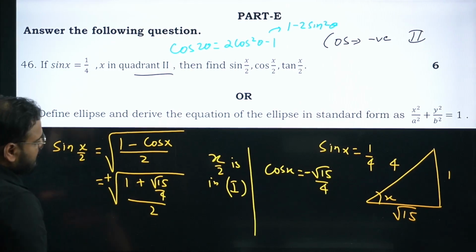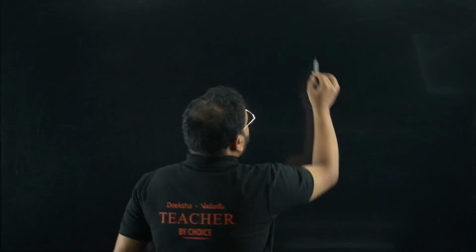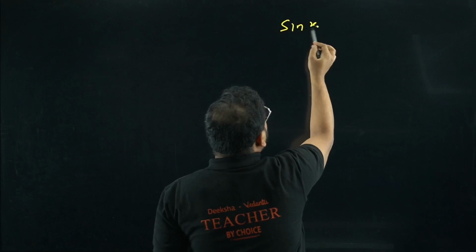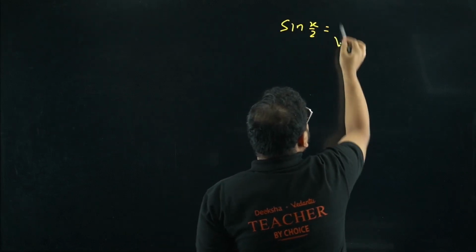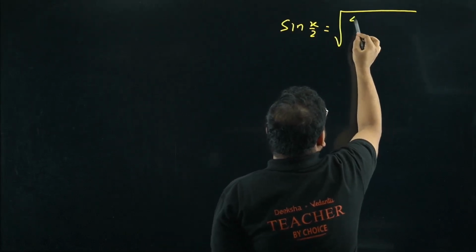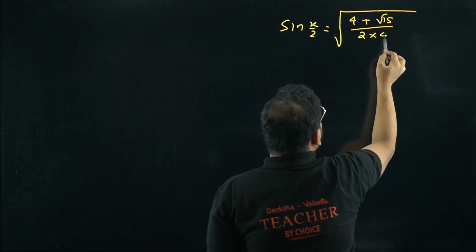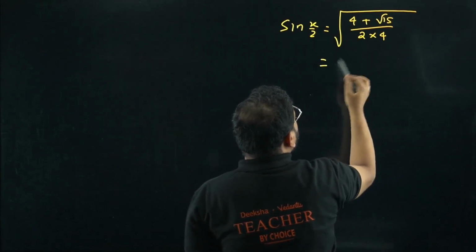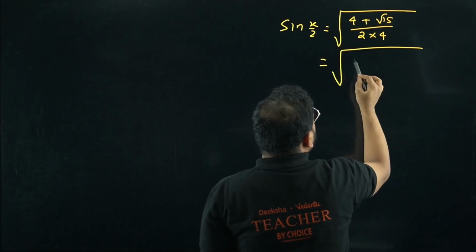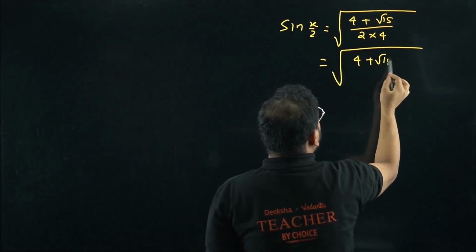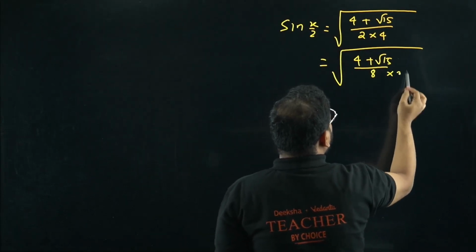Okay, simplify this, what are we getting for this? So we are getting sine of x by 2, as we had a big root over here, so we had 4 plus root 15 by 2 into 4. Let's do one thing, multiply everything by 2 inside. So right here 4 plus root 15 by 8 into 2 into 2.